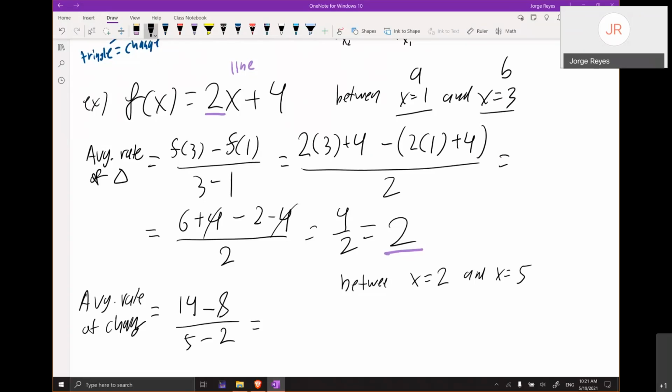That's going to get me 6. 6 over 3 is 2. And look, it's the same.